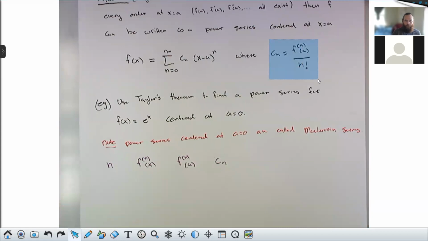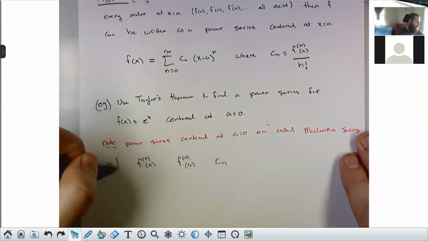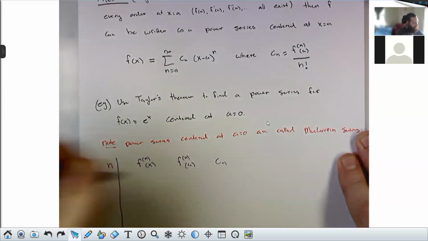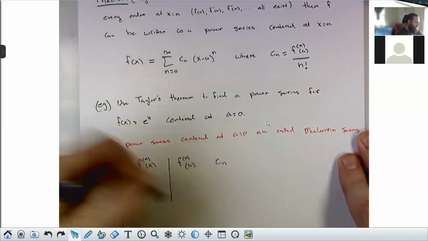Once we find a formula for these, we can just plug them in here and bam, you've got your power series. Of course, this formula is somewhat complicated. It's the nth derivative of f evaluated at the center, all divided by n factorial. So I like to build it up. The example we're going to do right now is extremely simple, but you'll see that these can get quite hairy.